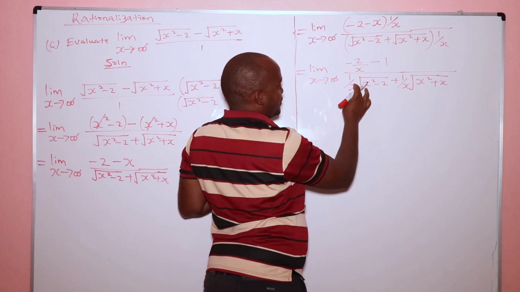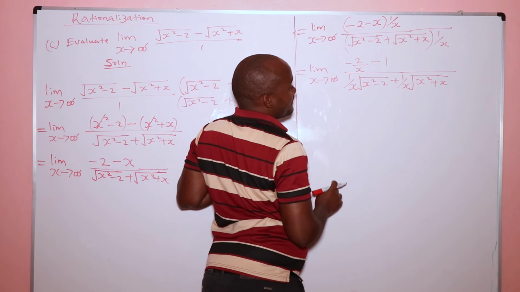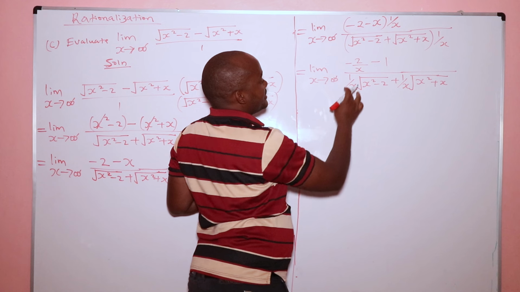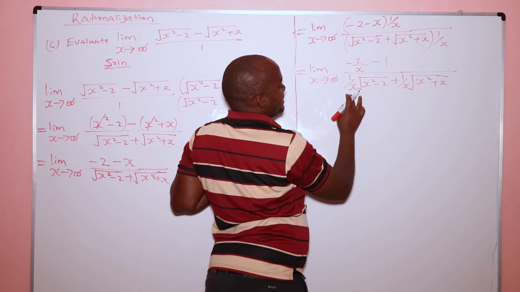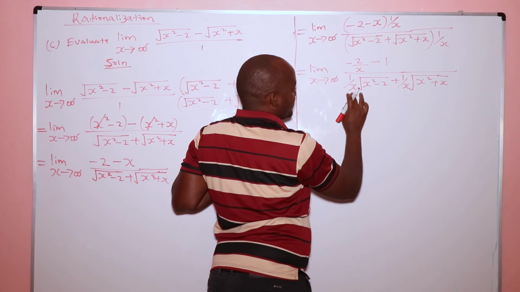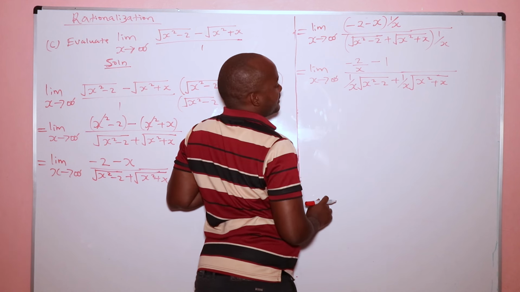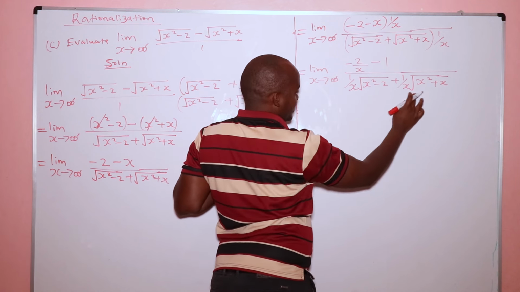So once again we have to bring this under the root sign, so that you can simplify it further. For you to bring this under the root sign, you have to square it. The same applies to this.